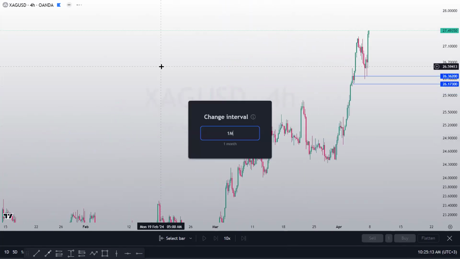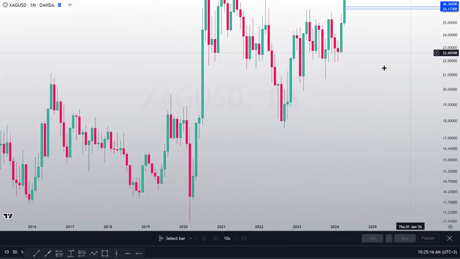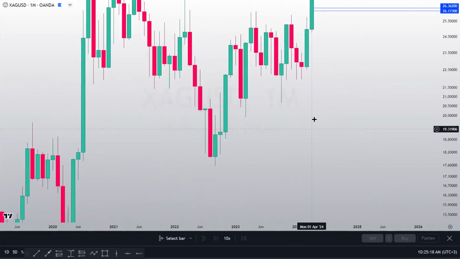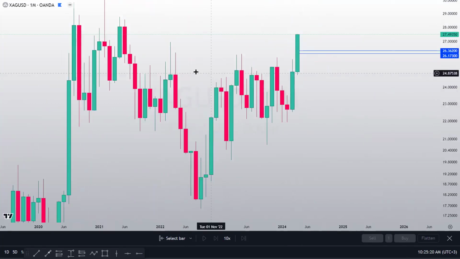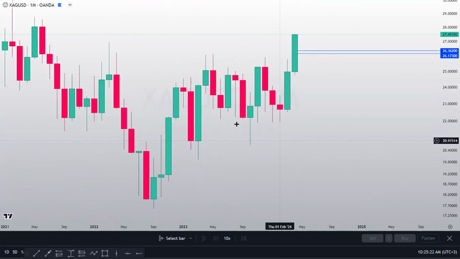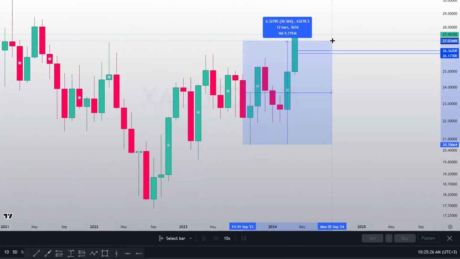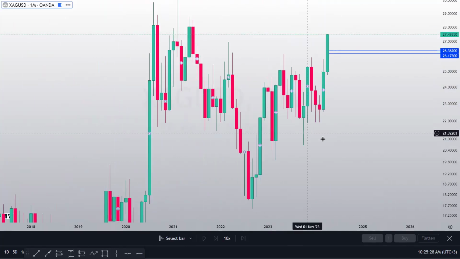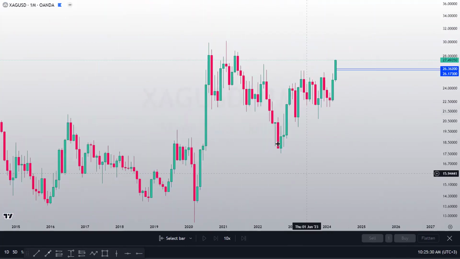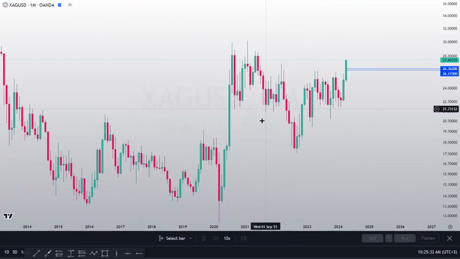But on the bigger picture, let's observe what silver is trying to say. On the monthly time frame, we're having a shift on this area, and also we have this formation. If you remember clearly, we took an entry here on this particular area. It was not based on the HPSI probability setups, but also we didn't have any clear shifts on this area.